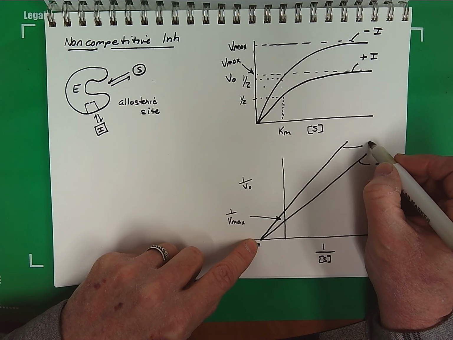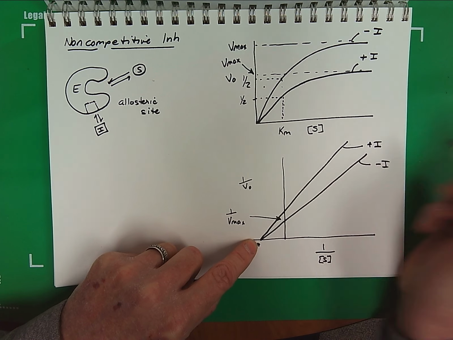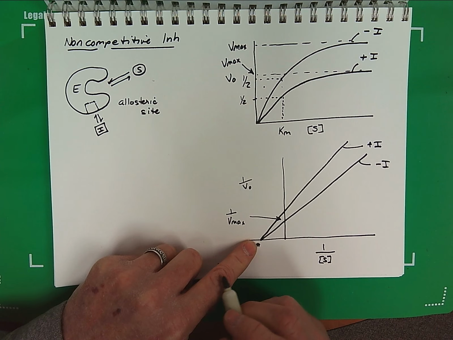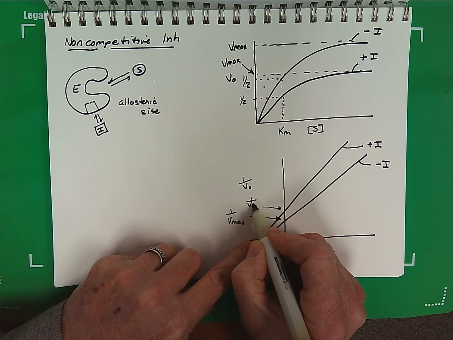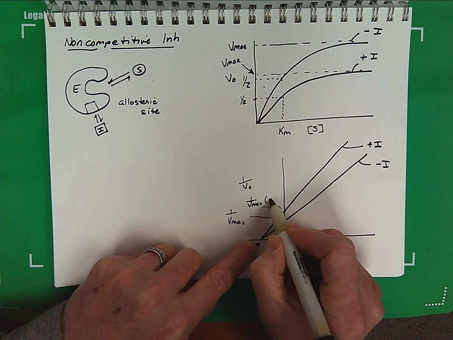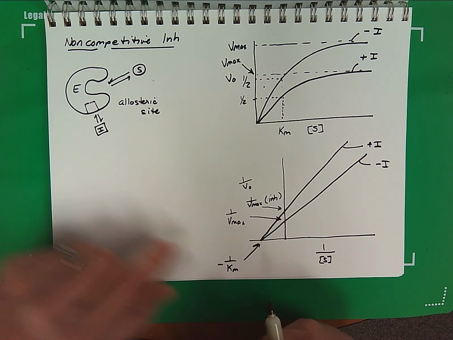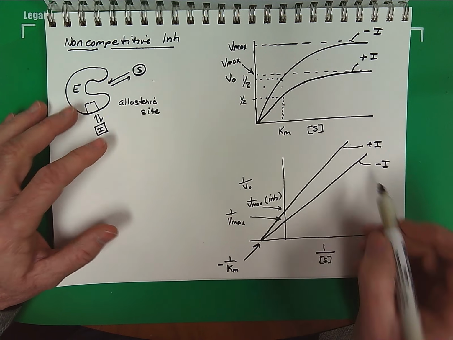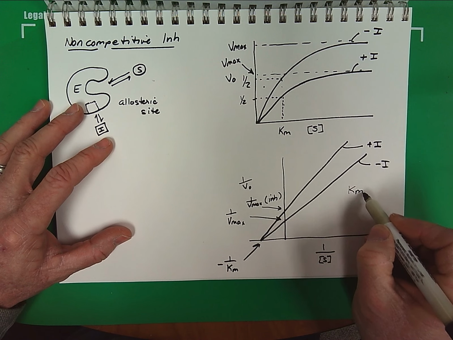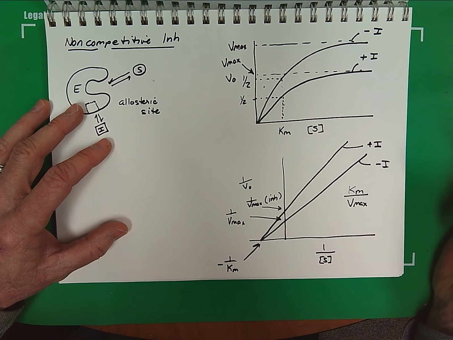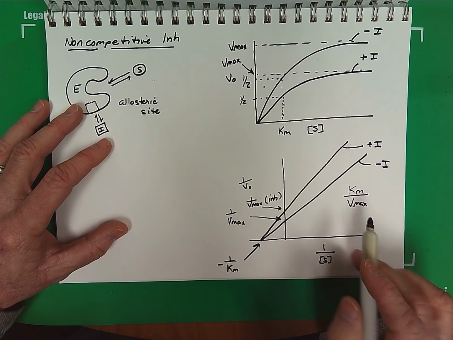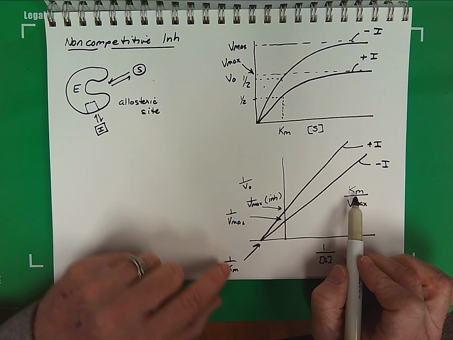So this line would be plus inhibitor. And then this would be the 1/Vmax for the inhibitor present. If we examine the slopes of these lines, again Km/Vmax, what we notice is the Km is not changing.